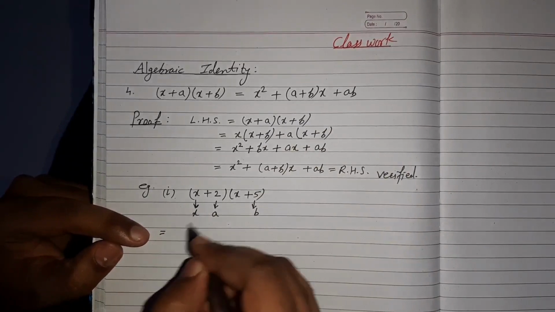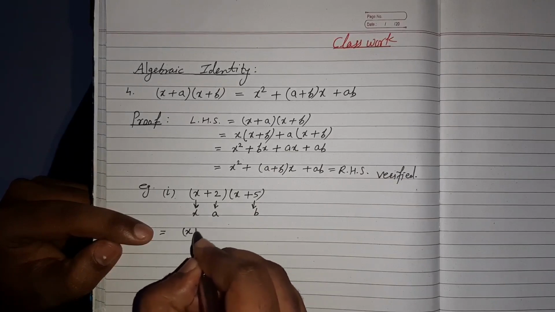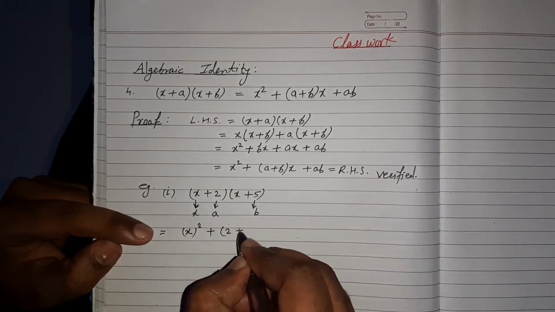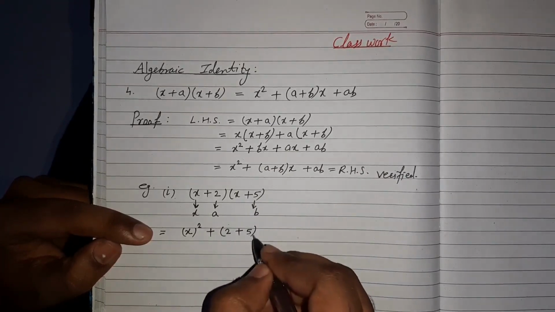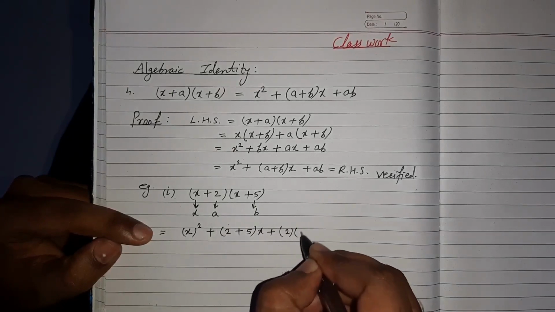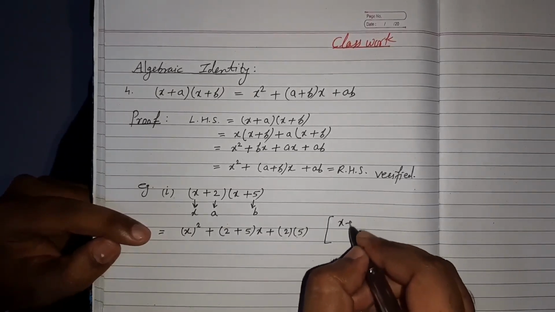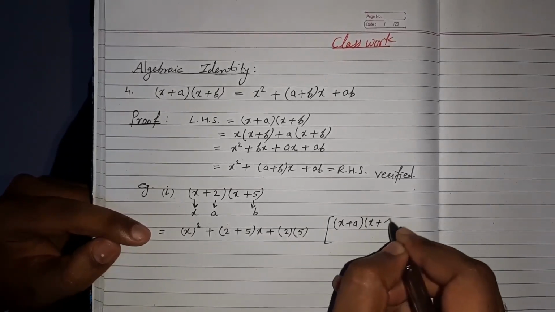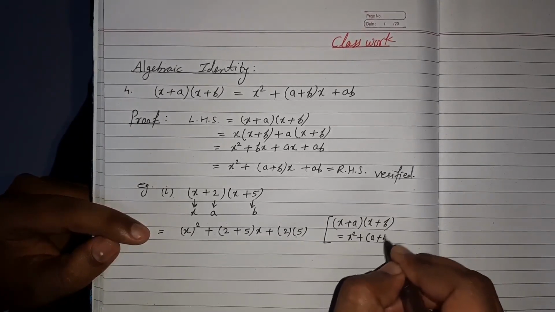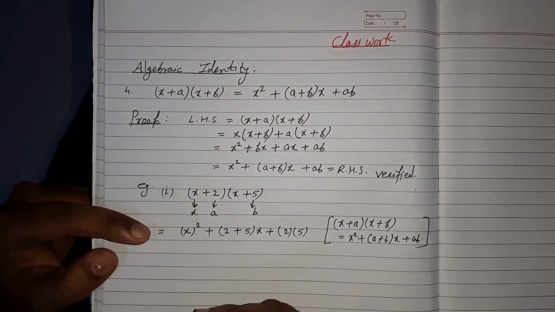So put these values in this identity. It will be x² plus the value of a, 2, plus the value of b, 5, times x, plus the value of a, 2, times the value of b, 5. And here we can write the identity (x + a)(x + b) = x² + (a + b)x + ab, because we have used this identity in this question.